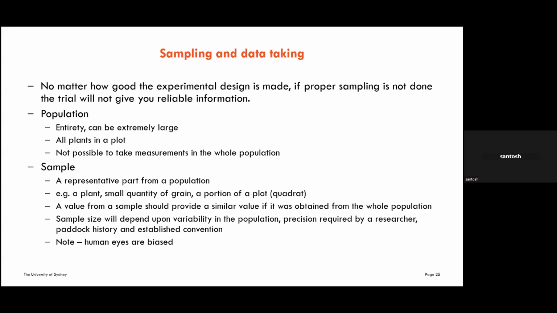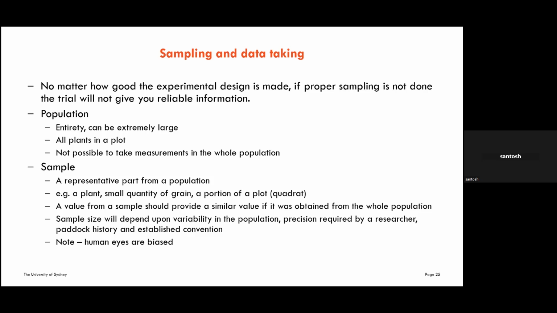Okay, now you have designed the experiment and you planted the experiment. So what do you want to do next? The next thing you want to do is take samples from your experiment, and sample taking is measuring the variability. For example, you have a trial and you want to measure the plant height of different lines.